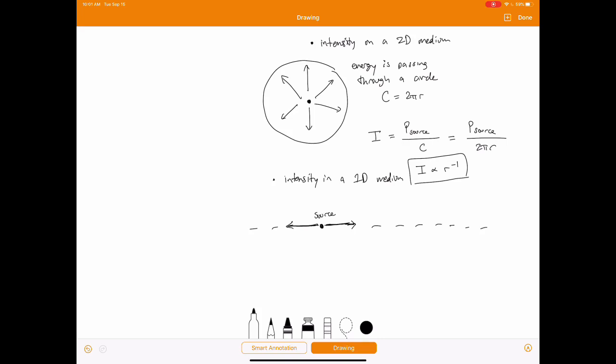So then, if I think about some other point, let's call this point P, right? The energy passing through that point does not depend on the distance from the source.